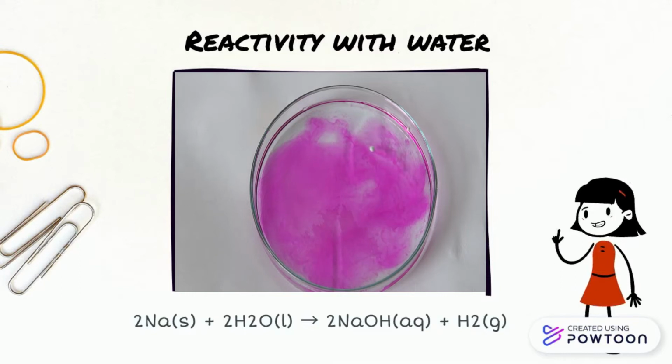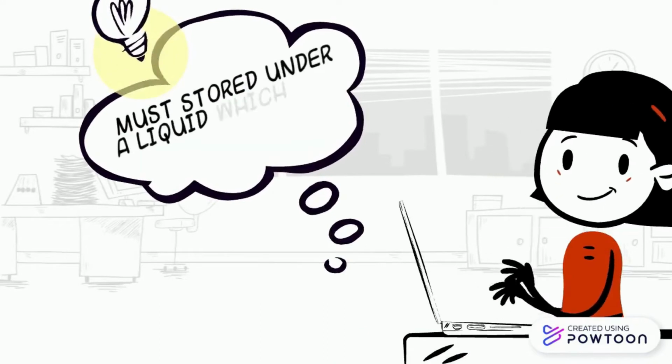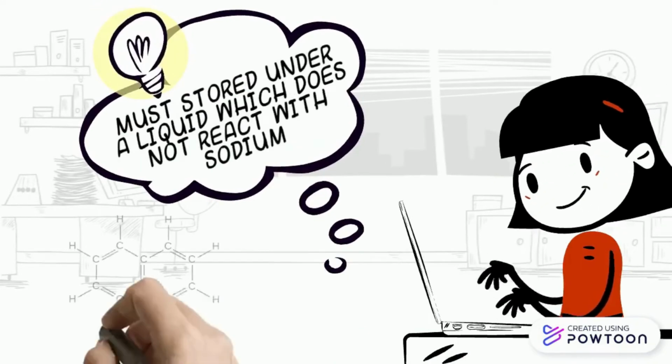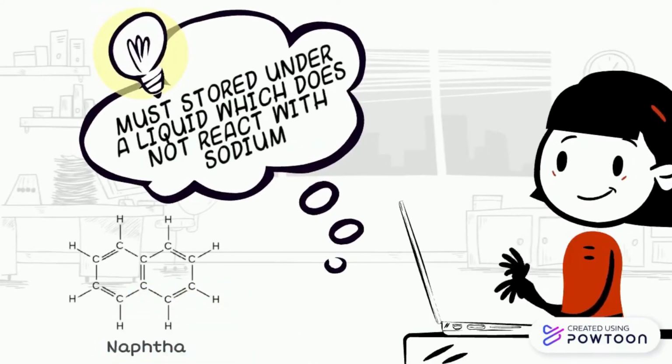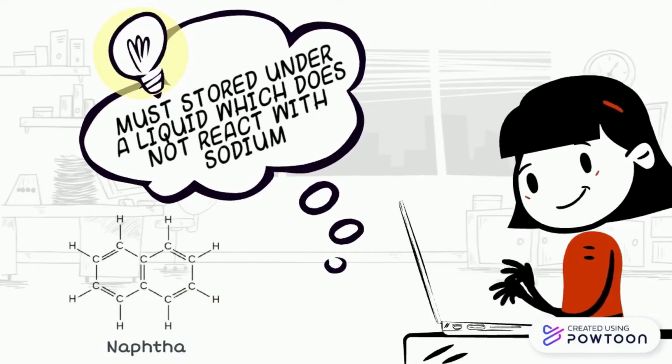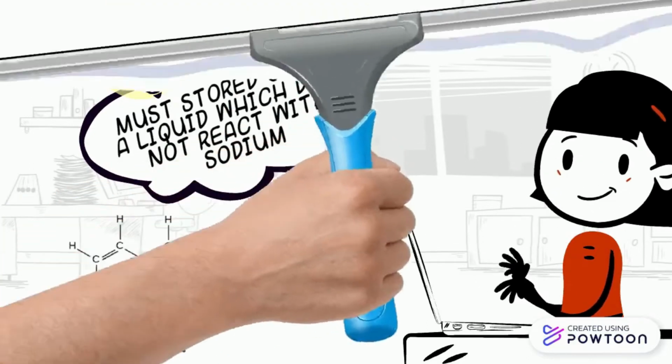This is because as the sodium reacts with the water, it forms hydrogen gas and sodium hydroxide. The presence of sodium hydroxide, which is basic, causes the change in the color of the indicator. Since sodium can ignite on contact with water molecules in air, it must be stored in a moisture-free environment. Sodium metal is usually stored under a liquid that does not react, such as kerosene and naphtha.